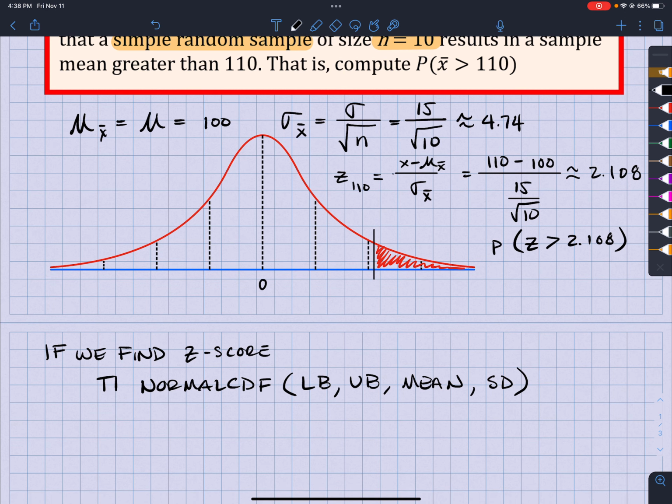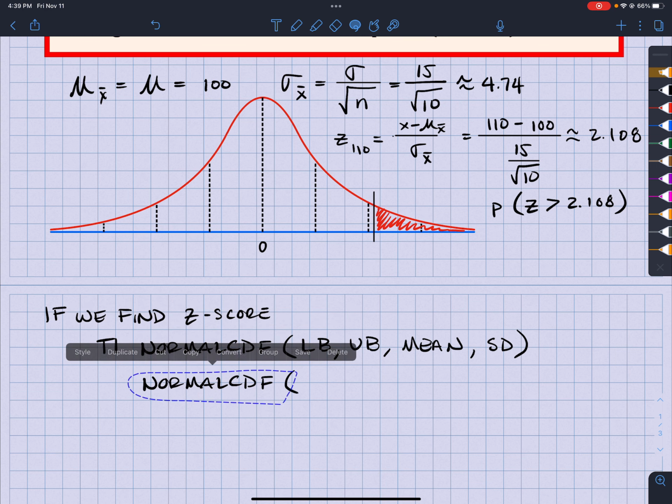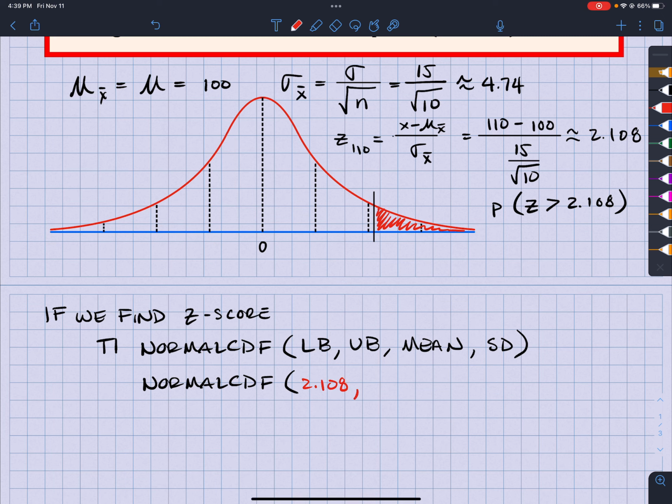In this case, the lower bound is going to be 2.108, comma, the upper bound, which is going towards infinity, so we're going to call that 9,999, positive infinity, comma, the mean, and since we found the z-score, we're going to use 0, comma, 1.